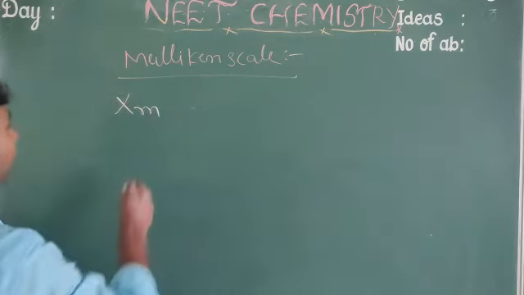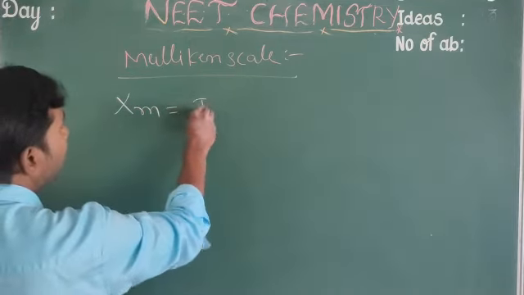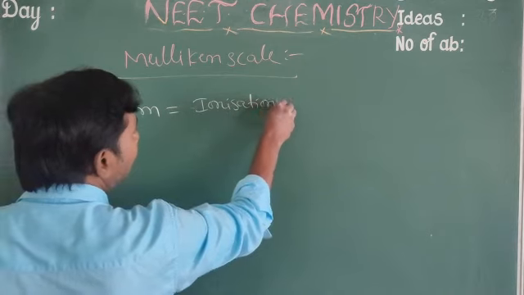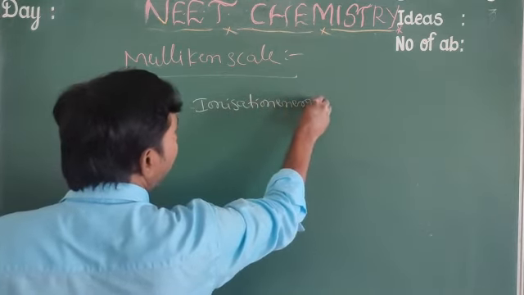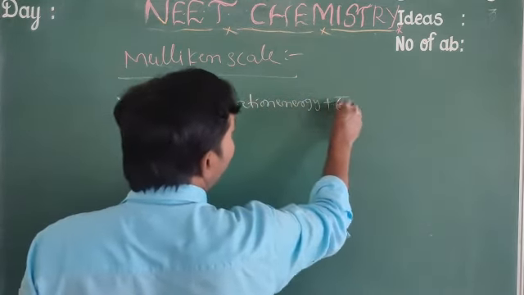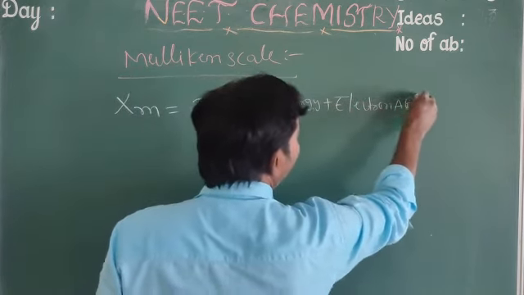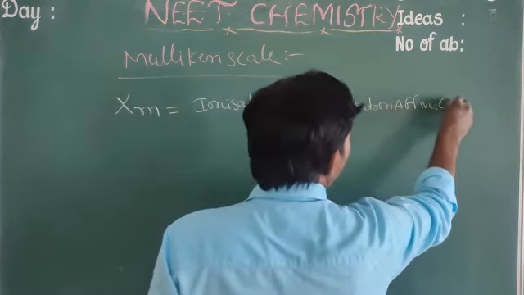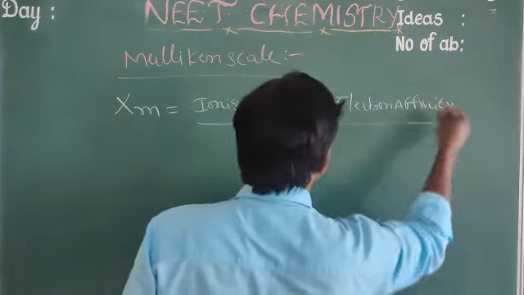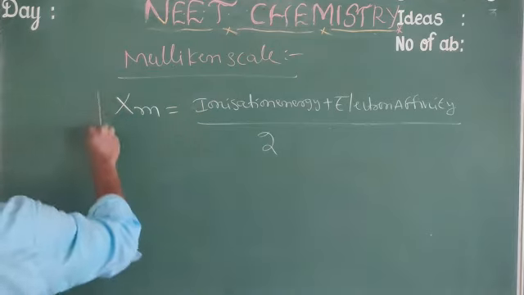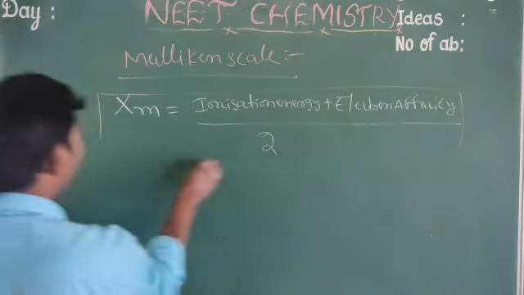XM equals ionization energy plus electron affinity, by 2. This is the Mulliken scale formula.